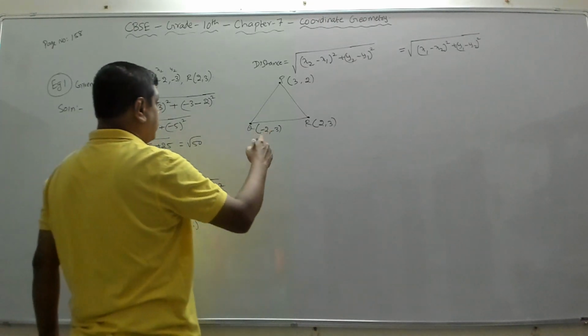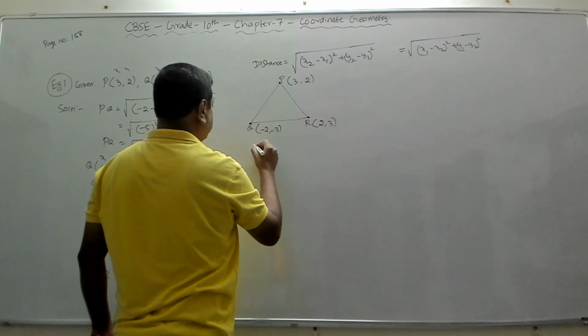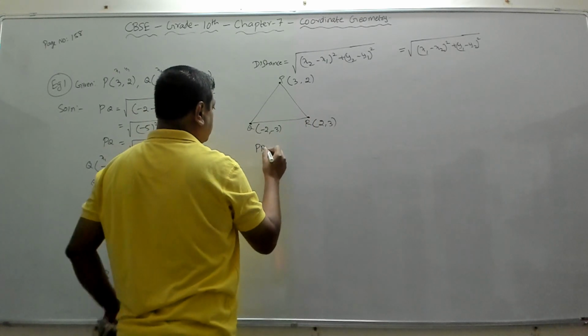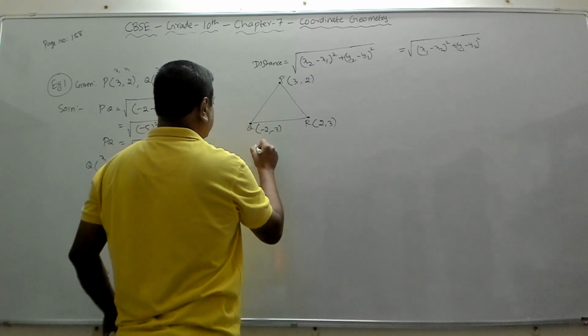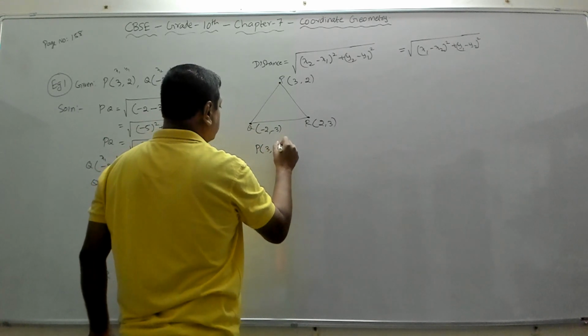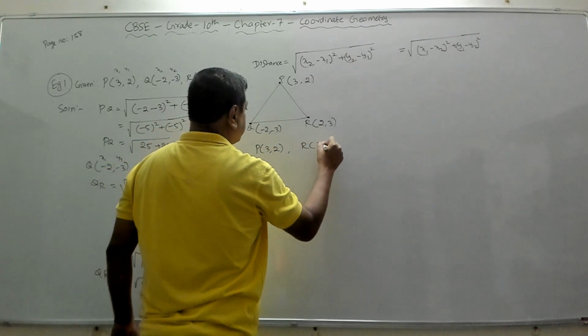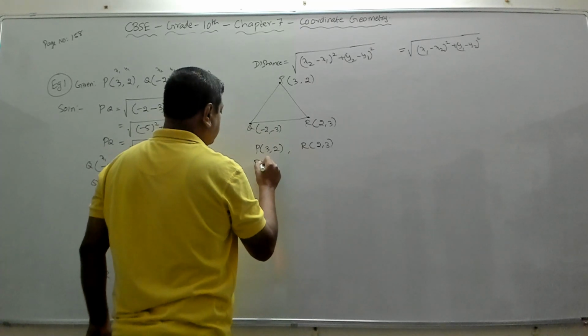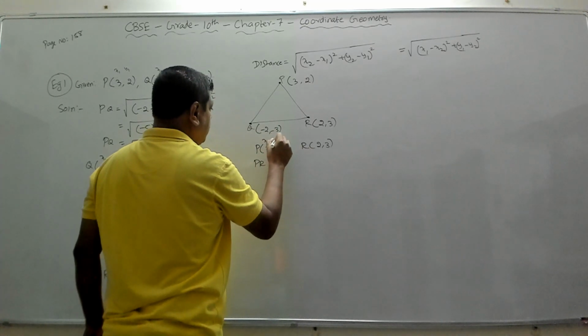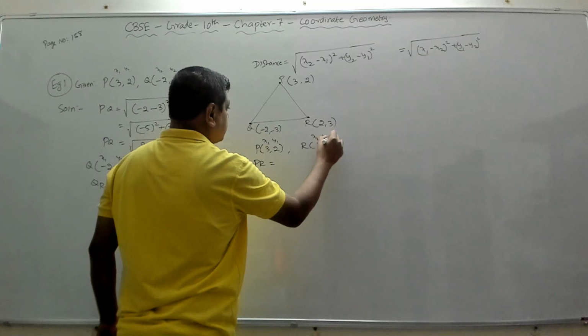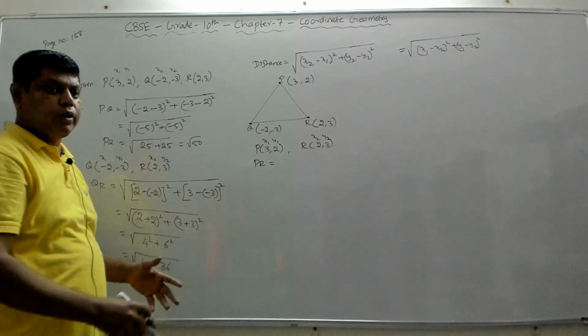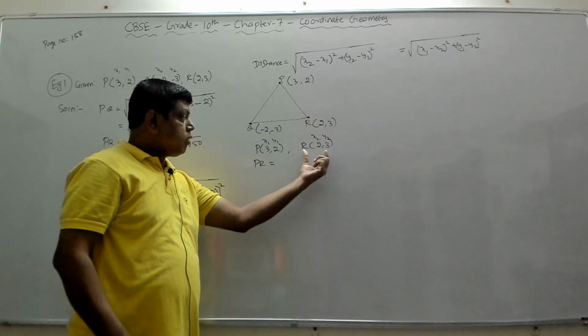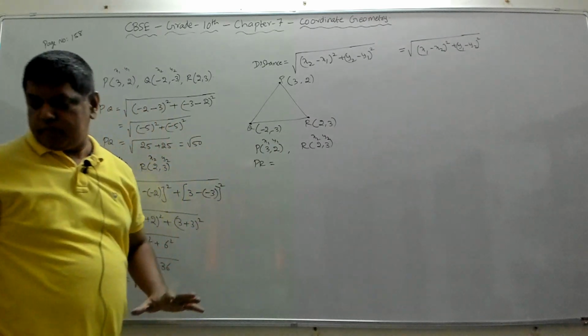So this is root 52. Now we should find the last side PR. Let's find PR. What is P? So the point P is 3, 2, and our R is 2, 3. Let's find PR. We'll take this as x1, y1, x2, y2. So you can take anything as x1, y1, x2, y2. Right? You can call this x1, y1 and this x2, y2. Fine.